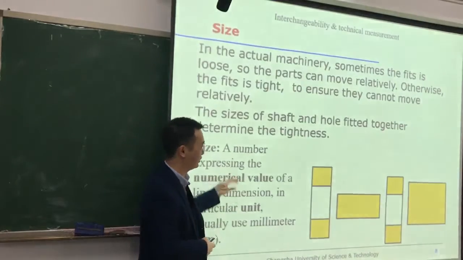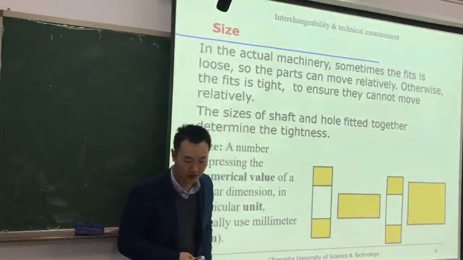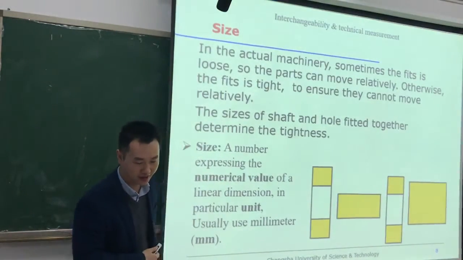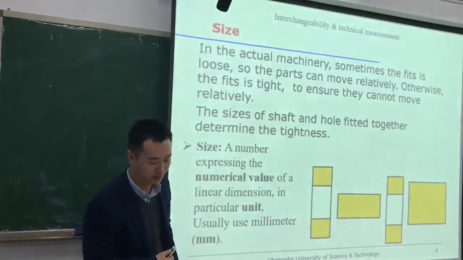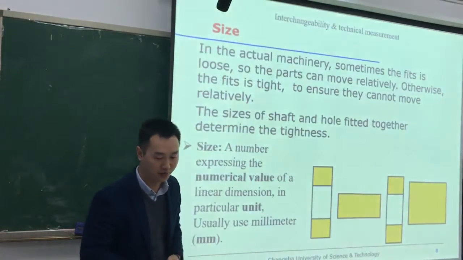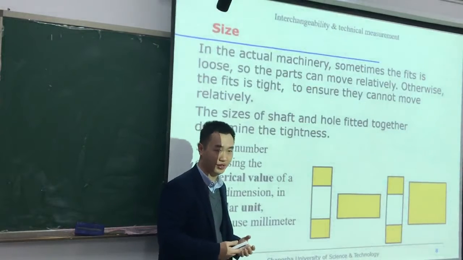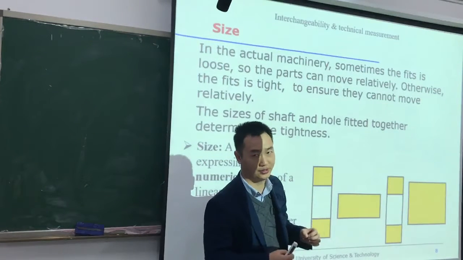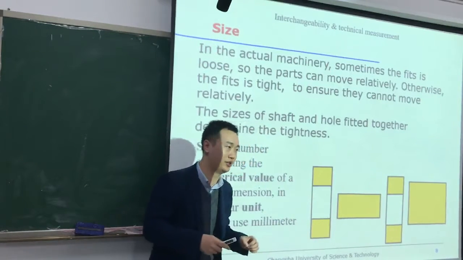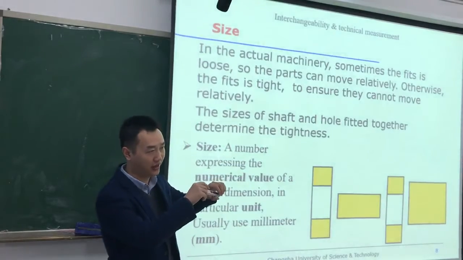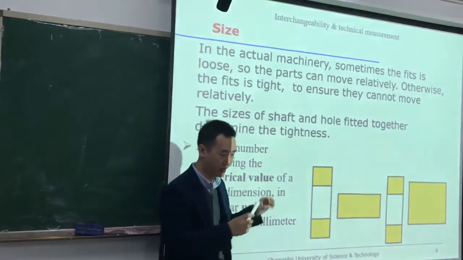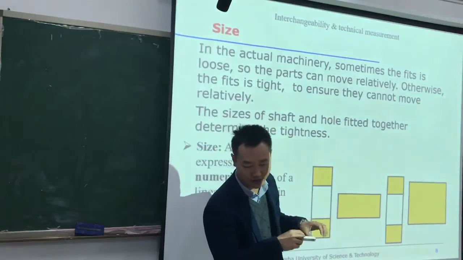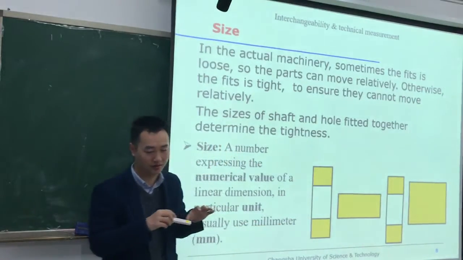So now let's talk about the size. In actual machinery, sometimes the fit is loose, so the parts can move relatively. It means there is some clearance. It can rotate freely, such as when a shaft and hole fit together.